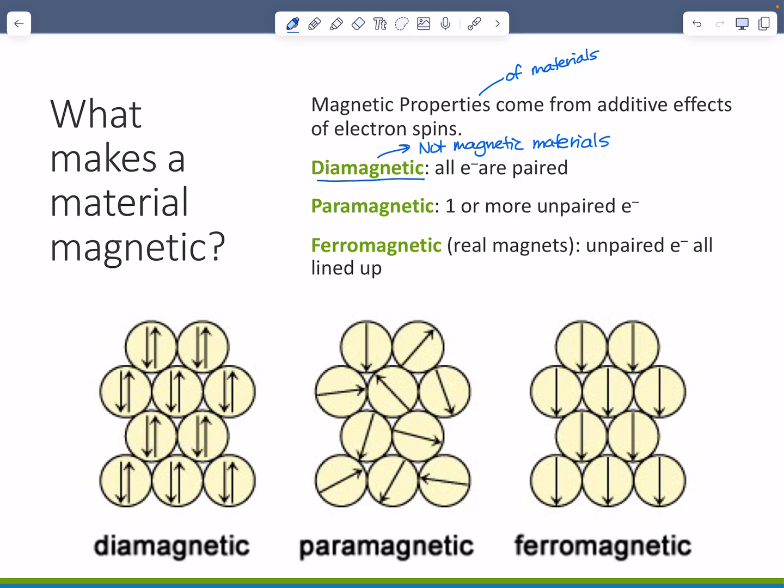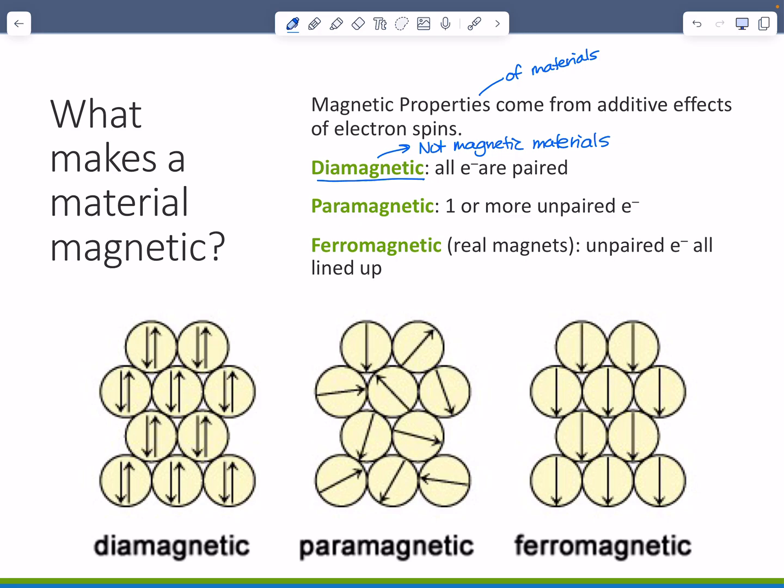So paramagnetic materials have one or more electrons that are not paired. Remember in an orbital, you can have electrons be paired up or not. In diamagnetic materials, all the orbitals have paired electrons.